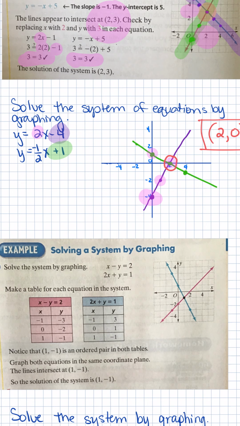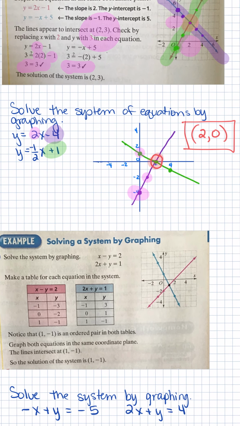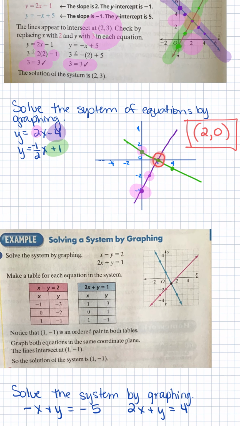Instantly I saw that this is where both lines cross. I did go ahead and finish that line, but I wouldn't have had to. I could tell that x equals 2 and y equals 0. That was the crossing point, so that is my answer.